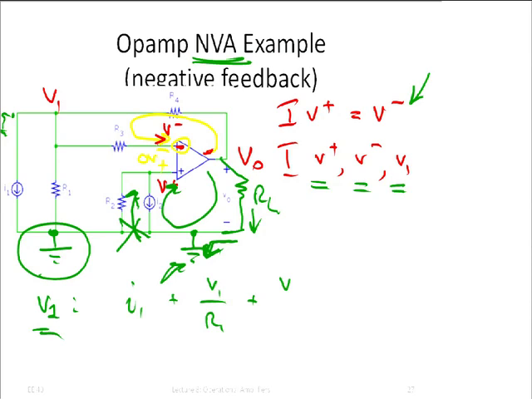Is there another one? What about R3? Actually, yeah, I guess I can write that: plus (V1 minus V minus) over R3 equal to 0. Okay? So in total I now have 3 node voltage equations. One of them I didn't write. Which one didn't I write?